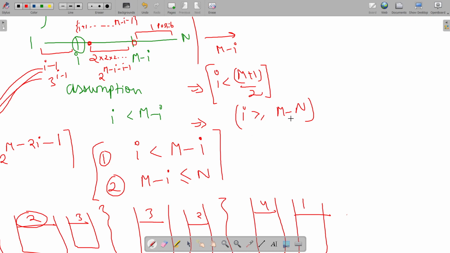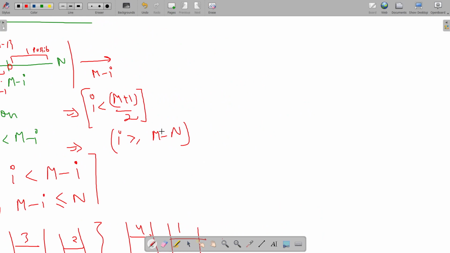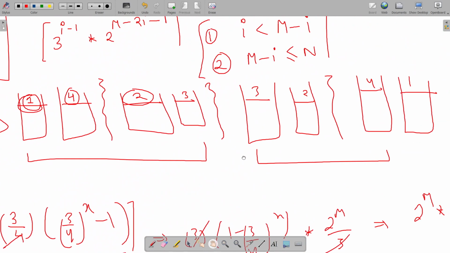So I should be greater than or equal to m minus n and I should be less than m plus 1 by 2. Okay. So I will actually lie in this range, m minus n by 2 and m plus 1 by 2 minus 1 inclusive.